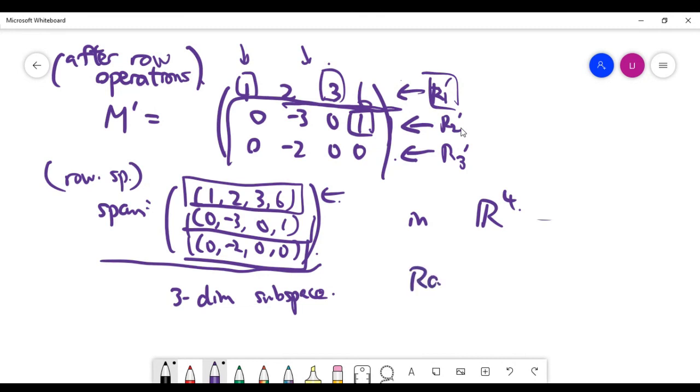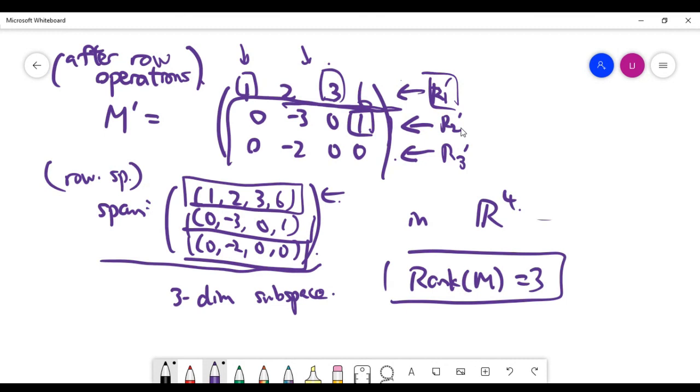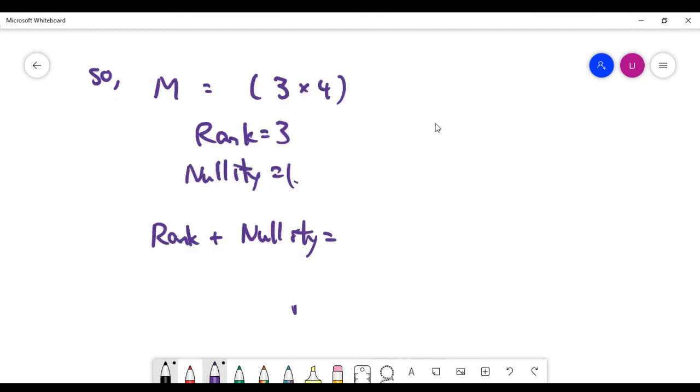And what does it mean? It means the rank of our current matrix is 3, right? And please recall we have found already that the nullity is 1. So rank plus nullity is now 3 plus 1, which is 4. I think it's a verification that the rank-nullity formula is correct for this matrix M. And that's the end of this video.